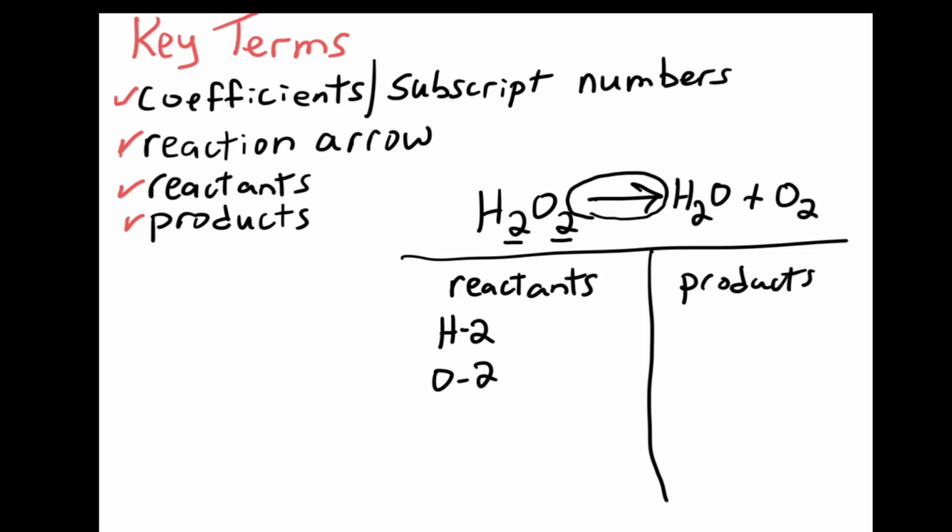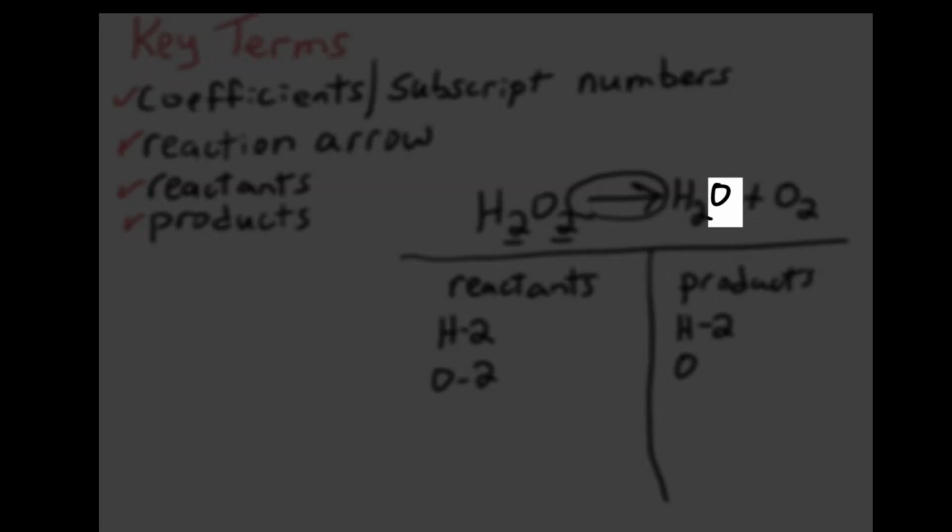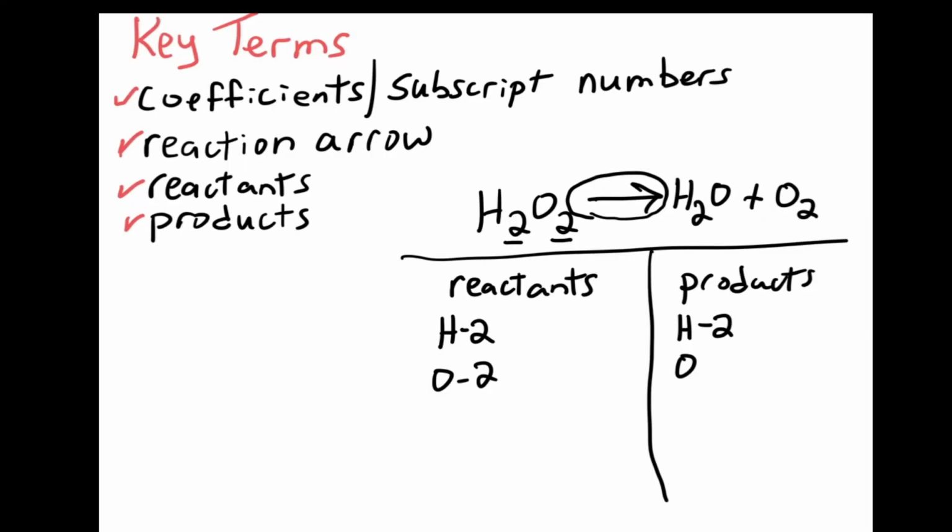Now let's jump to the right of the reaction arrow, to the products. You're going to have 2 hydrogens, 1 oxygen, because remember, even though there's no number, you know that there is a 1. So 1 oxygen there, and then 2 oxygens there, so that's going to be a total of 3 oxygens.